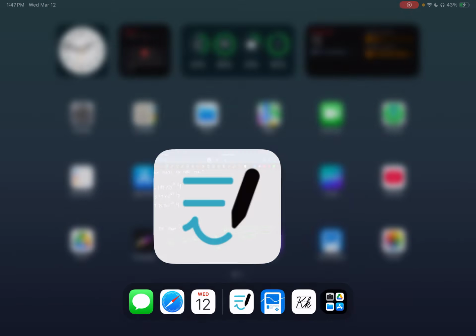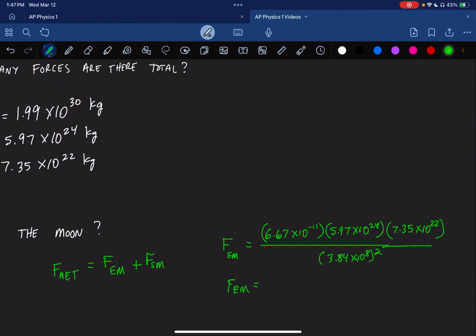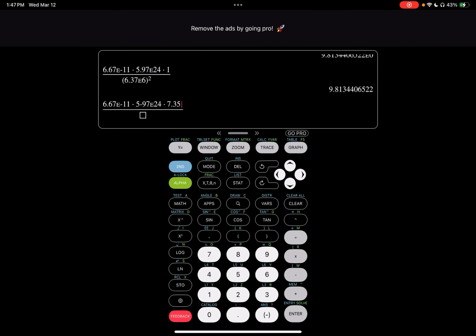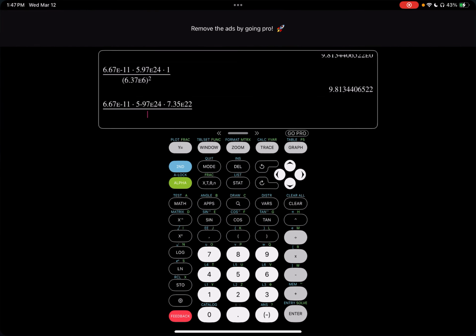So here we go. 6.67 E minus 11 times 5.97 E24 times 7, I've already forgotten, 7.35 E22, divided by their distance apart, 3.84 times 10^8, squared.